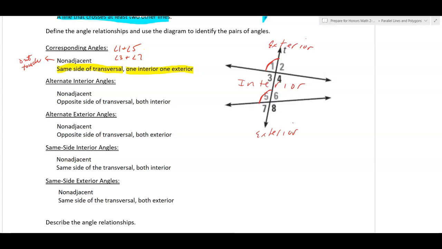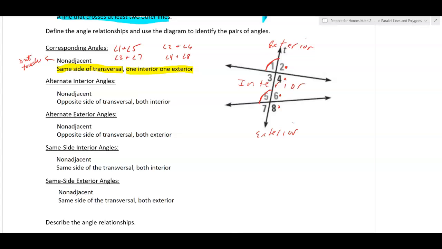Then we could say 2 and 6 are a pair of corresponding angles, and eventually angle 4 and angle 8 are corresponding angles.